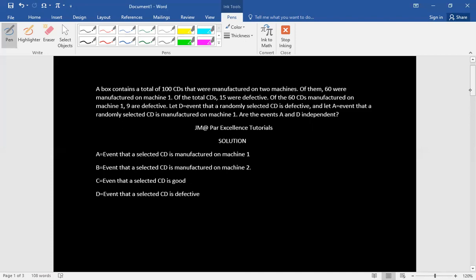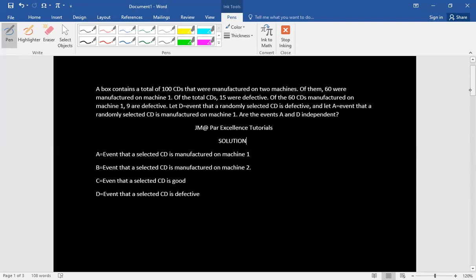So now we're going to go direct into the solution of this problem. I've already done part A of this solution, that is to write all the events the way they're supposed to be. So I've just copied event A and event D. Event A is the event that a CD selected is manufactured on machine 1.